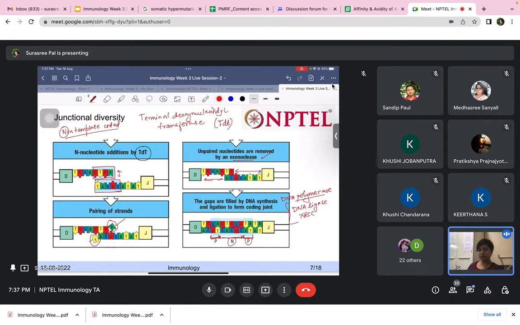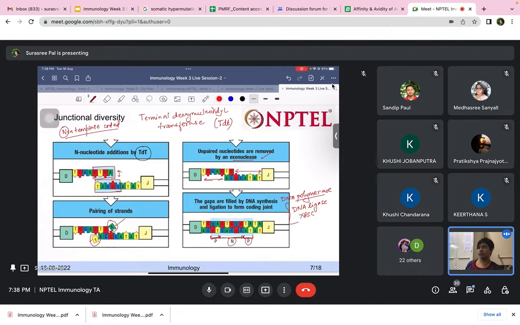Numerous combinations of P and N nucleotides are being added, which is adding to the diversity of the antibody repertoire, right? So this is one very important event, and this is responsible for the junctional diversity of the CDR3 region, right?